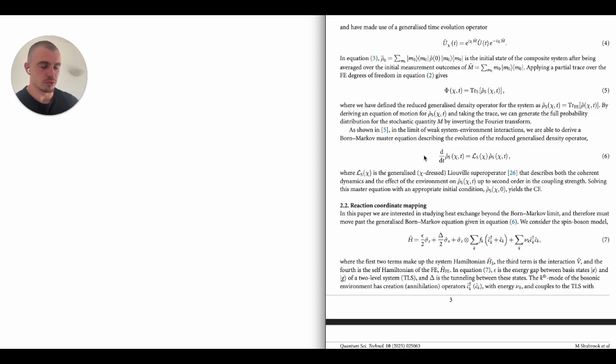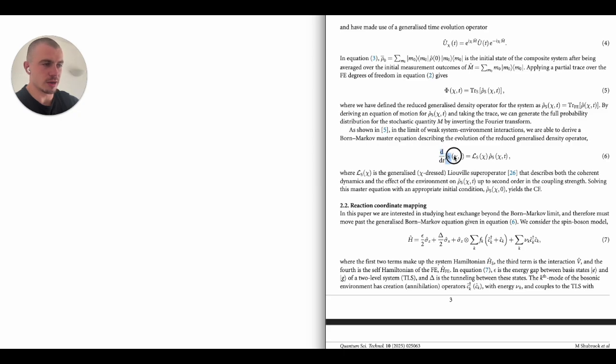And the one that we're going to do this to is the reaction coordinate master equation. You could also do this with, for example, the polaron or the variational polaron master equation, and that would be interesting to do as well. But we choose to do it with the reaction coordinate master equation here.